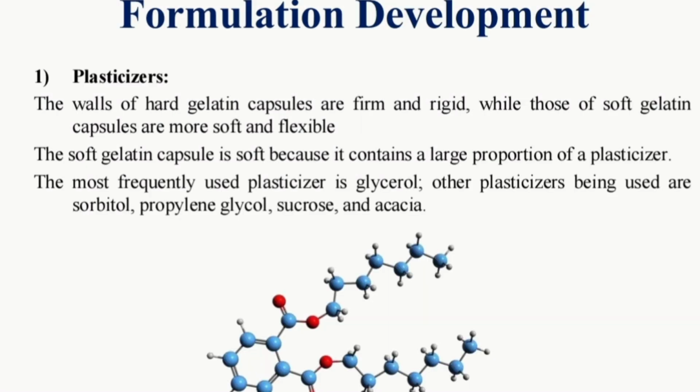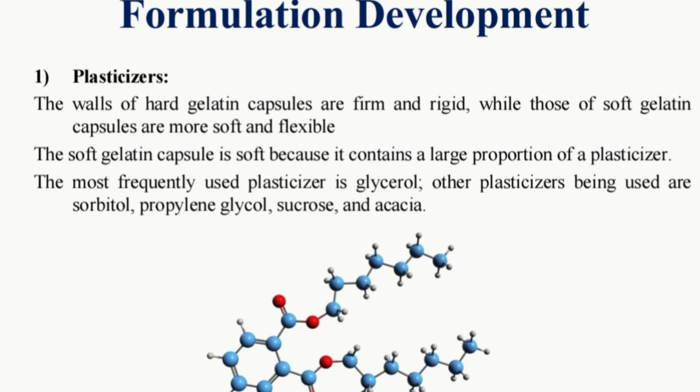Here is the formulation development of the capsule. First one is the plasticizers. The walls of hard gelatin capsules are firm and rigid, while those of soft gelatin capsules are more soft and flexible. As we know, hard gelatin capsule has a rigid body and soft gelatin capsule has a flexible body.